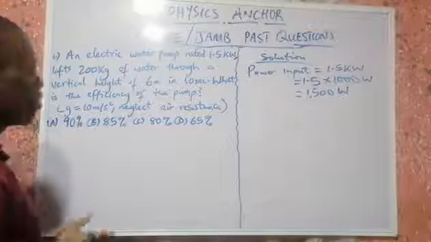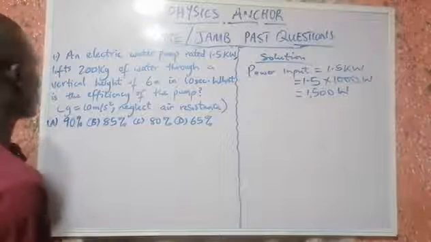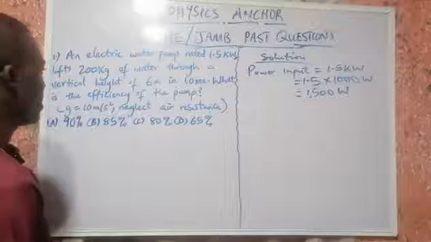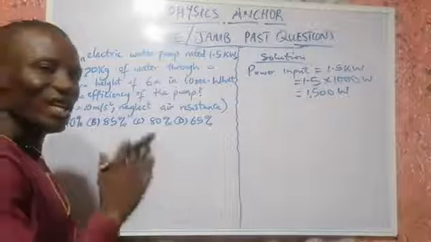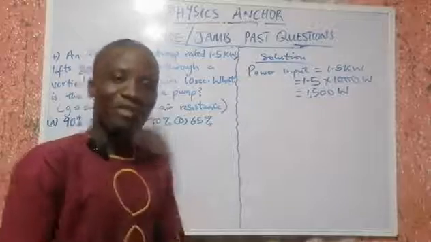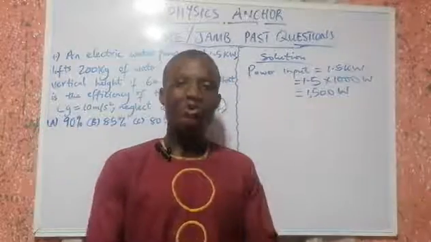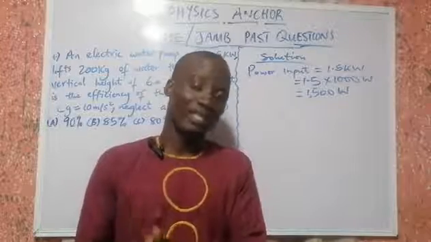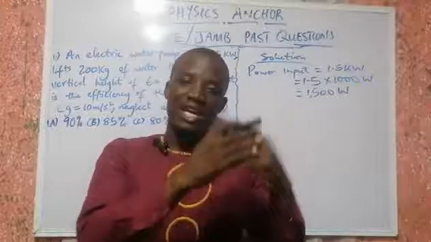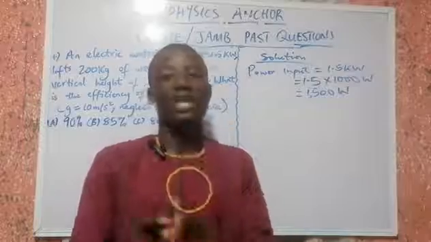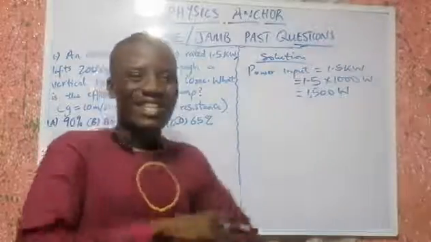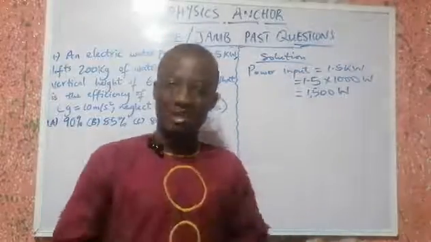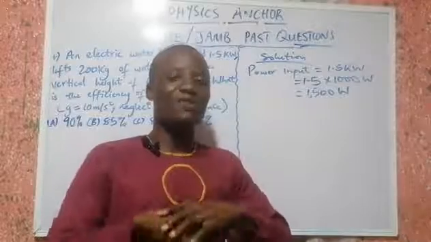So we need power output so that we can actually get our efficiency, because we know that efficiency equals power output over power input multiplied by 100%, or you say mechanical advantage over velocity ratio times 100%. In this case, they are not asking us anything related to mechanical advantage or velocity ratio.